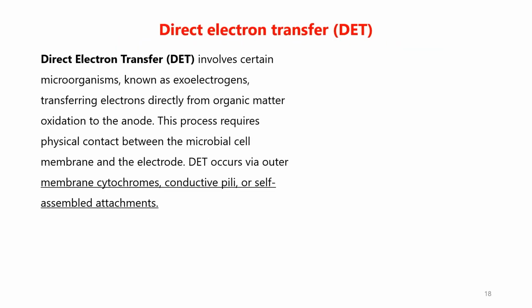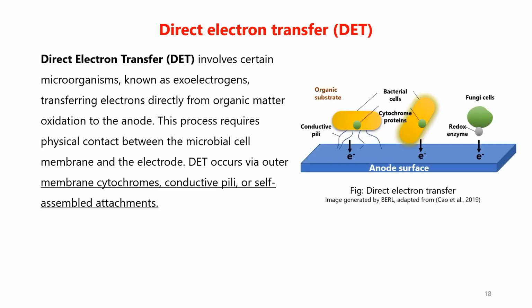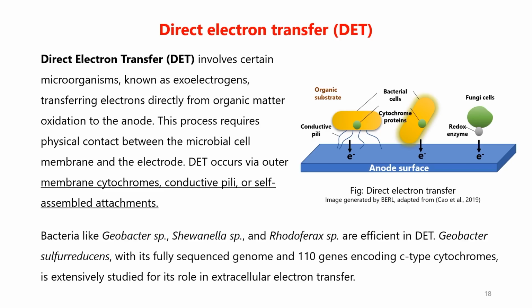Direct electron transfer involves certain microorganisms known as exoelectrogens transferring electrons directly from organic matter oxidation to the anode. This process requires physical contact between the microbial cell membrane and the electrode that occurs via outer membrane cytochromes, conductive pili or self-assembled attachments. So, here you can see the conductive pili, and the electron is getting directly transferred into the anode from these pili.